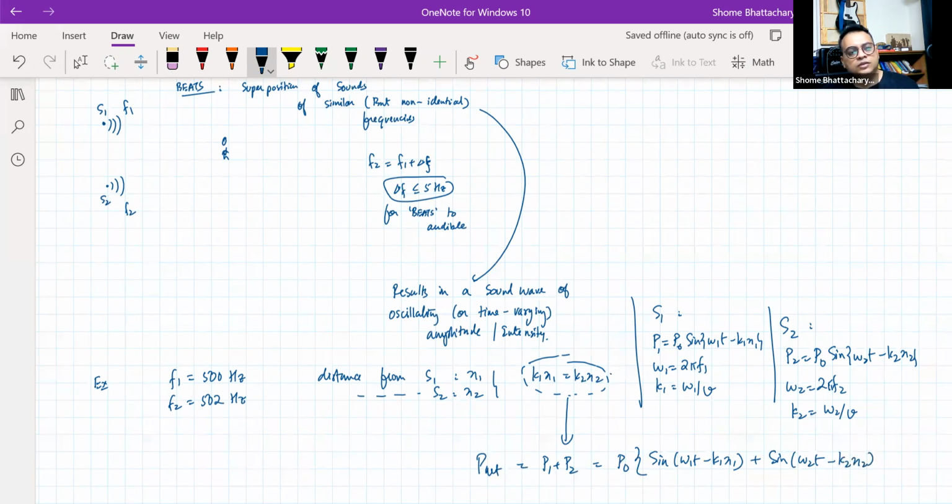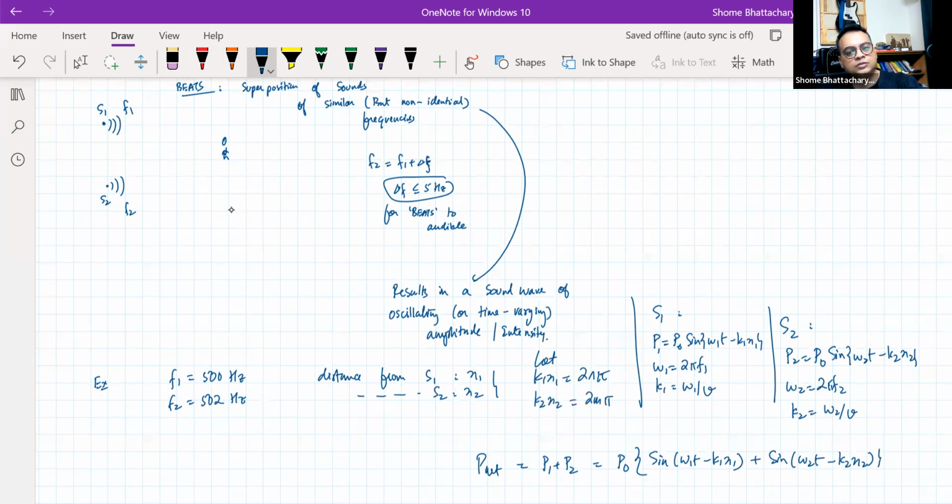and suppose they are not only equal, but they are also of the type 2 n pi. Or in fact, what we can do is, suppose we have selected the values of x1 and x2 such that k1 x1 is an even multiple of pi, and k2 x2 also happens to be an even multiple of pi.